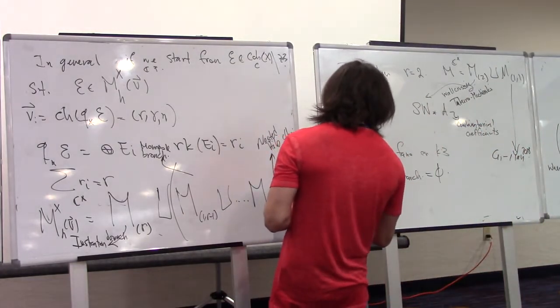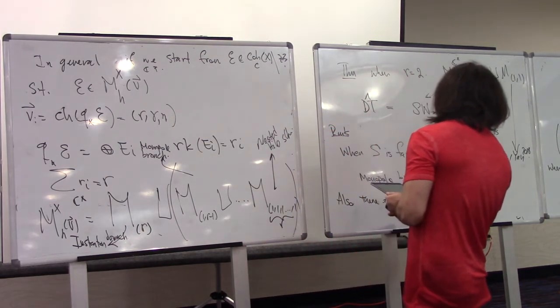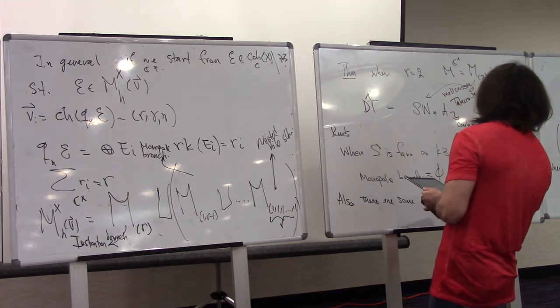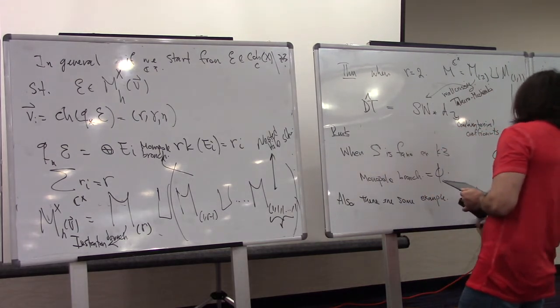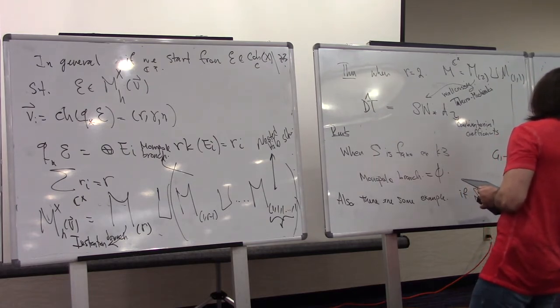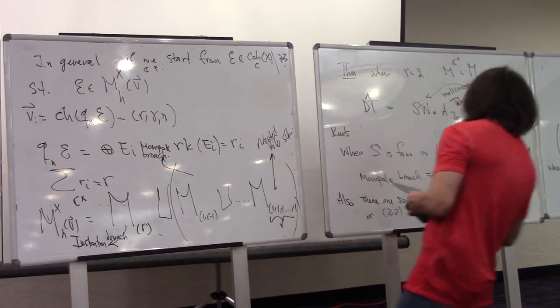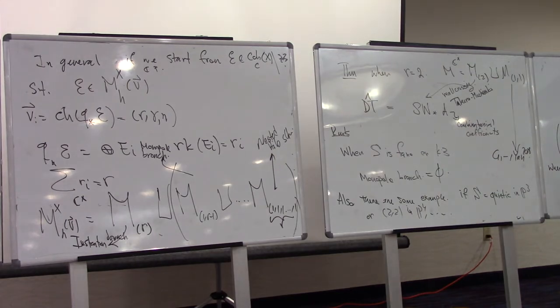Also, there are some examples. For example, if S is a quintic surface in P3, or some complete intersection of type 2,2 in P4, and there are some more examples that we calculated. If these are the cases, then you can use some argument, and you will see that twisting by these divisors, these divisors cancel each other.